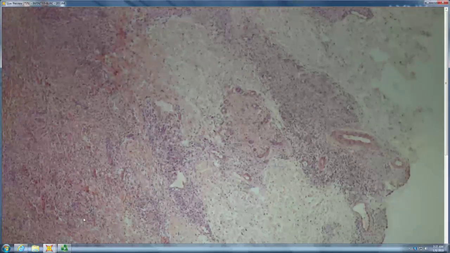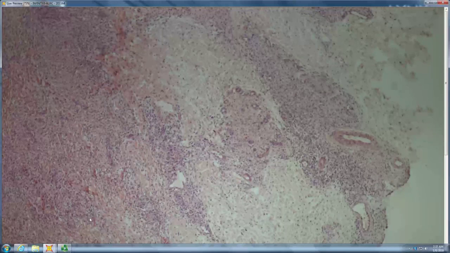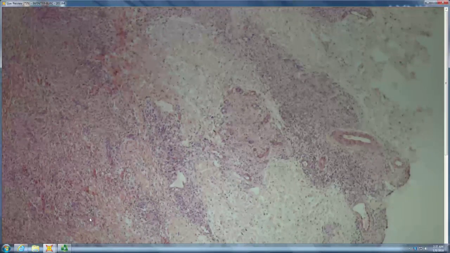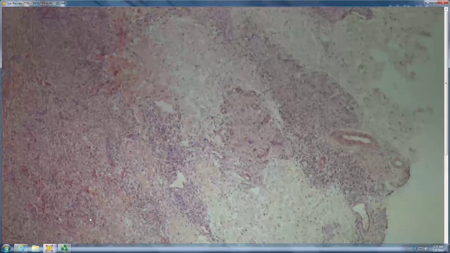Is that a clue to anything? Yeah, so it's like tuberculosis, leprosy. In leprosy, the granulomas follow the neurovascular bundle as well as the erector pili. That means in the deep dermis, they tend to run parallel to the surface.